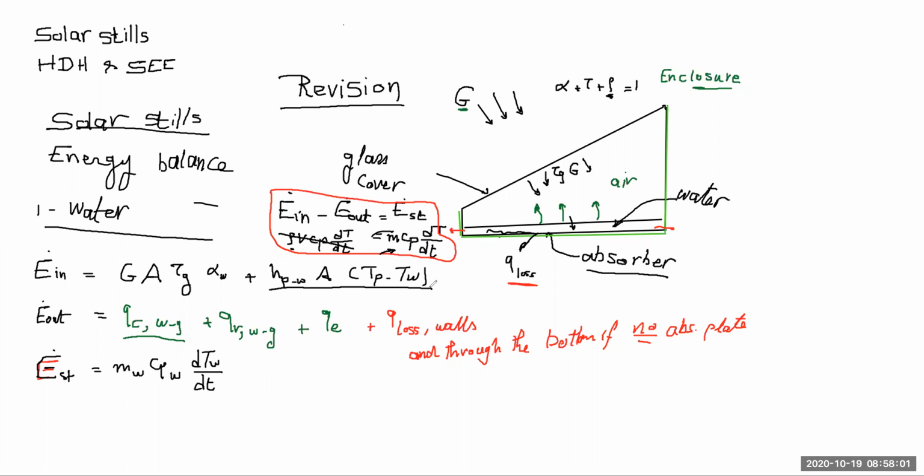So you mean the capital G here? No, the capital G is what is coming from the sun. This is irradiation. But Hp into the area into Tp minus T water, this is basically natural convection from the hot plate to the water.